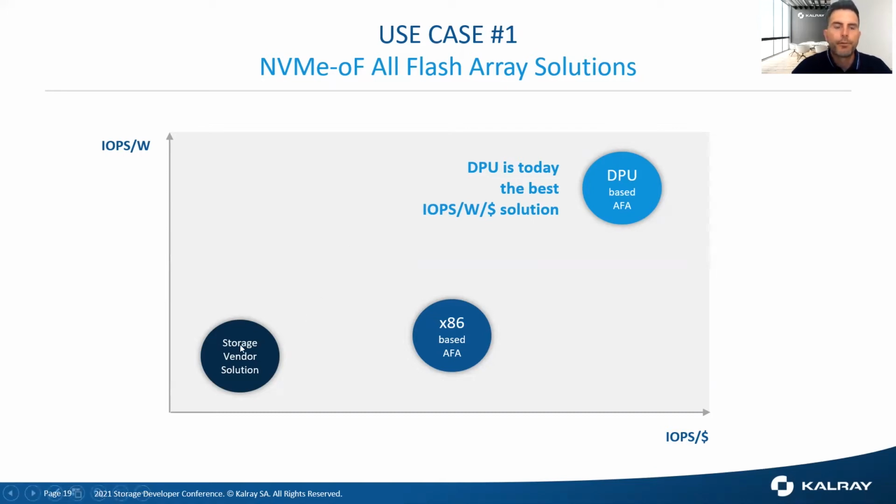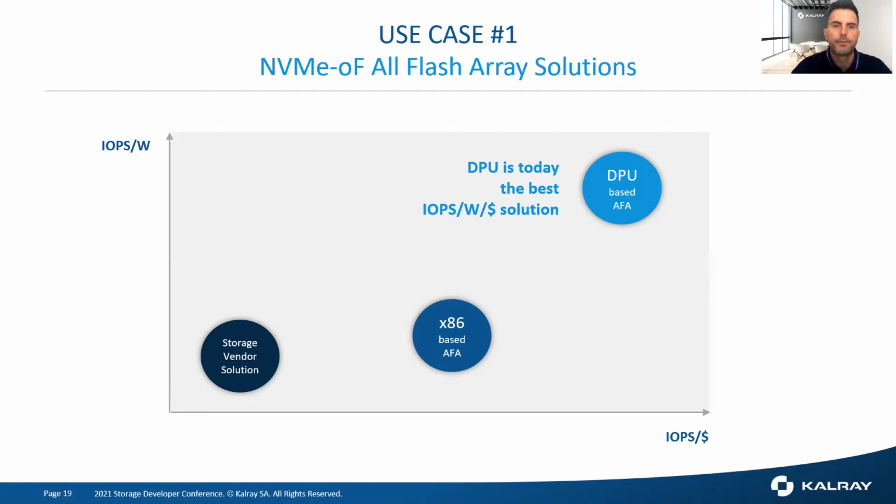So let's look at the first solution that I call the storage vendor solution. Basically, all major storage vendors have some NVMe-oF all-flash array in their catalog today. Those solutions are based on x86 platforms.